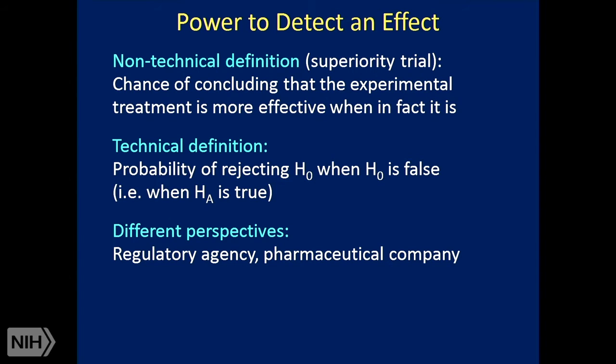But the pharmaceutical company, think about what we're talking about here: imagine a pharmaceutical company who has in its hands a truly efficacious medication, but then finds out through a clinical trial that it doesn't reject H0, doesn't claim a difference. It wouldn't like that.